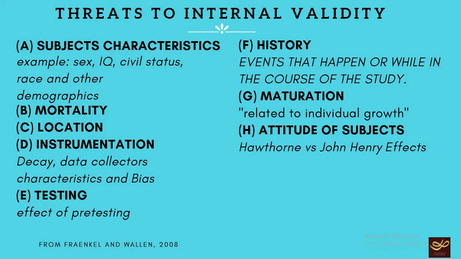What I'm trying to say is that in Hawthorne effects, the students are actually working very hard because they knew that they are part of the experiment. While in the John Henry effects, the control group learned that they are not part of the experiment, and that's why they worked double to compensate for what they did not receive, and hence attributed to an outcome.